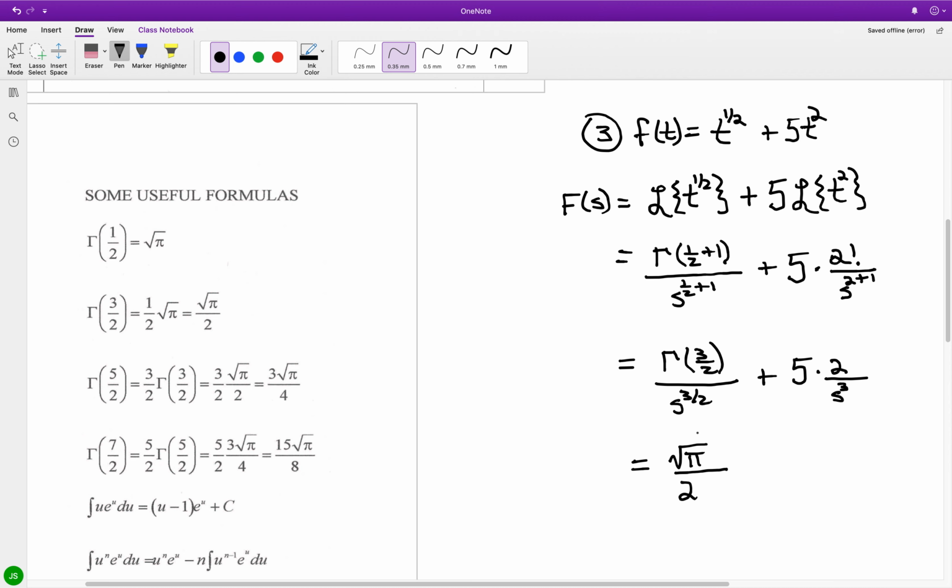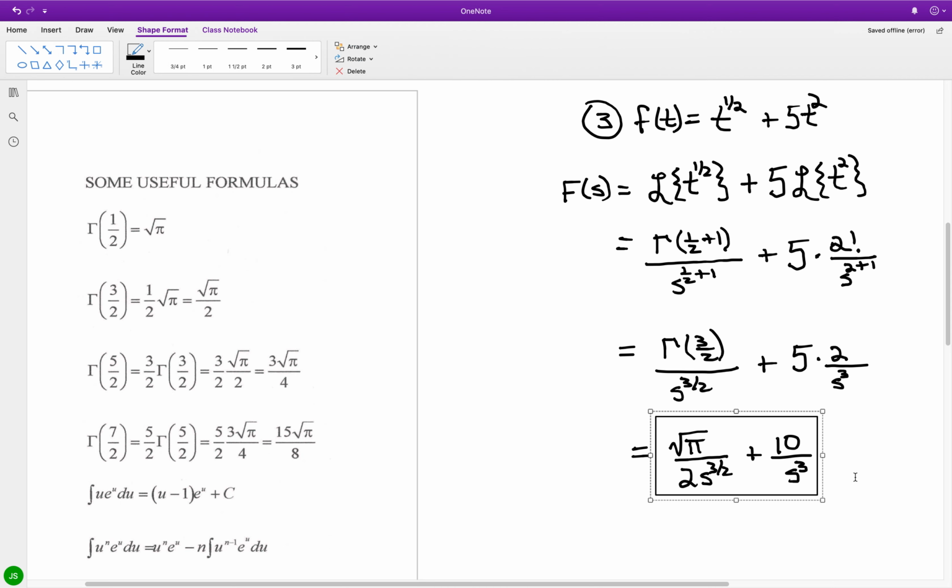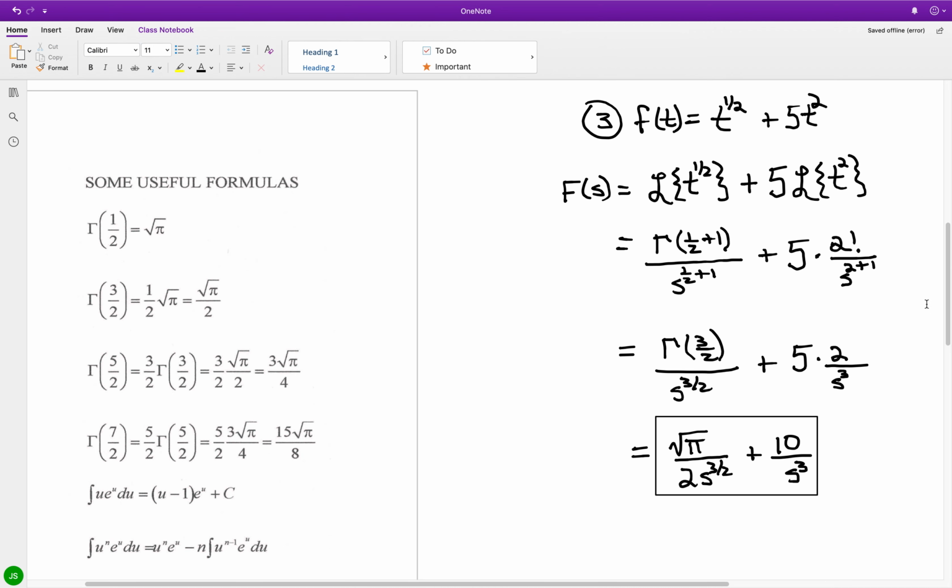I can just leave the square root of pi in the numerator and say I have over 2 times s to the 3/2. And I have 5 times 2 is 10 all over s to the third. And you could technically tie these terms together into one expression, but we'll just keep them separated.